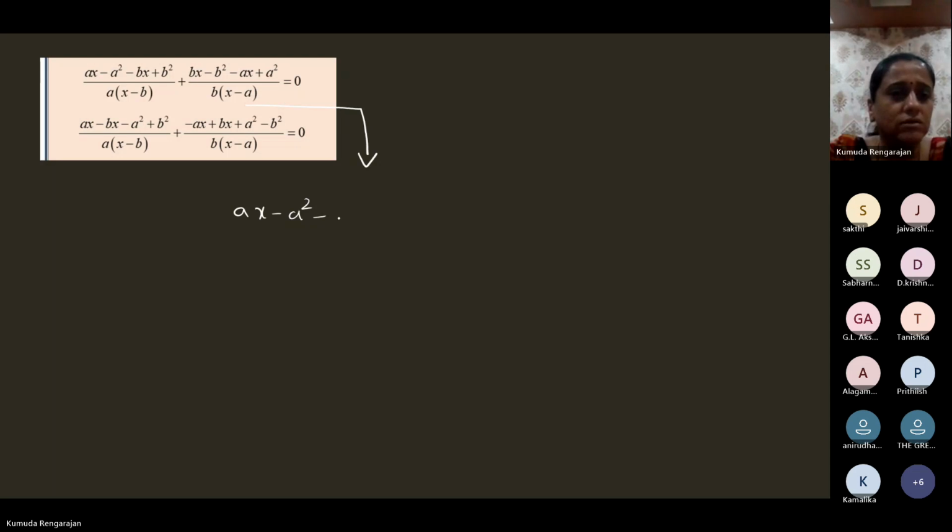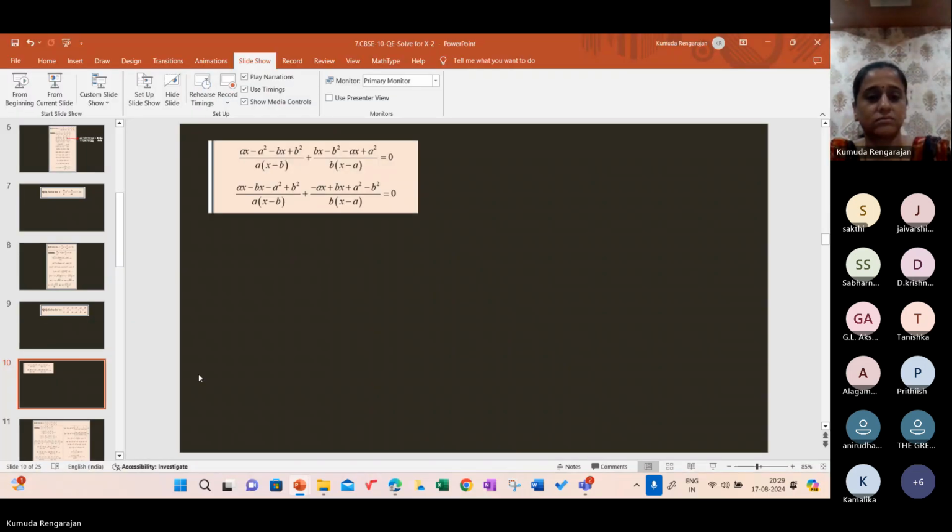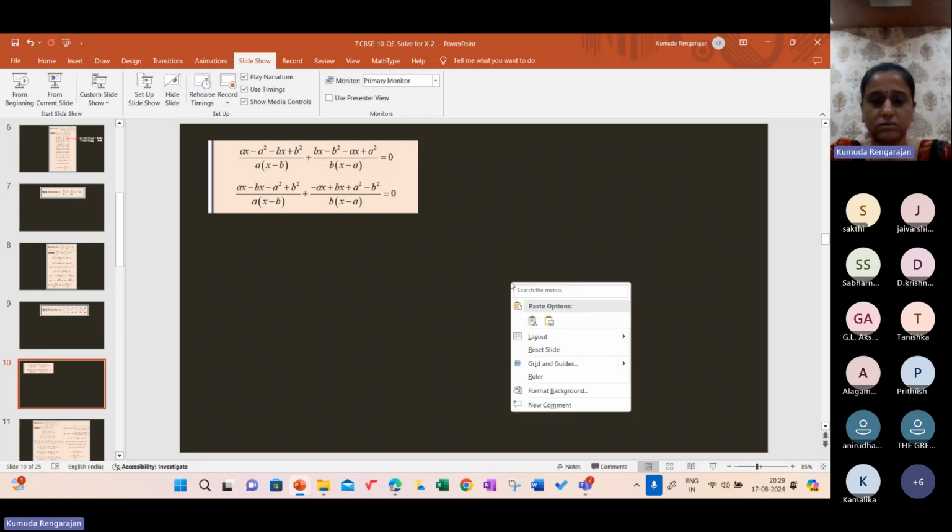I'll just insert one step, children, between these two. So see here. So ax minus a square minus, did I cut it correctly?